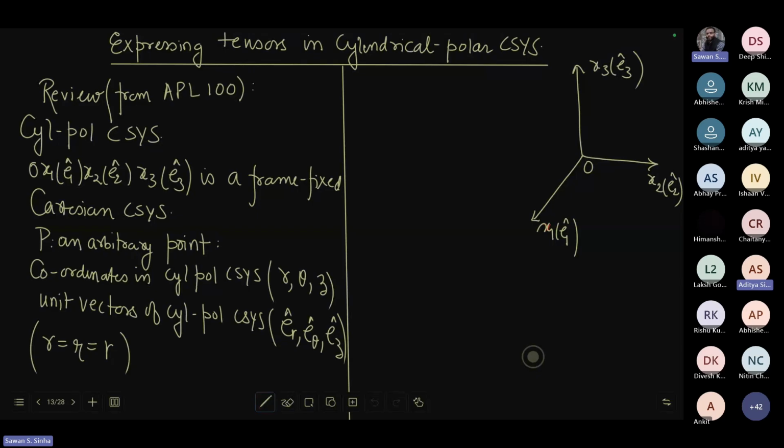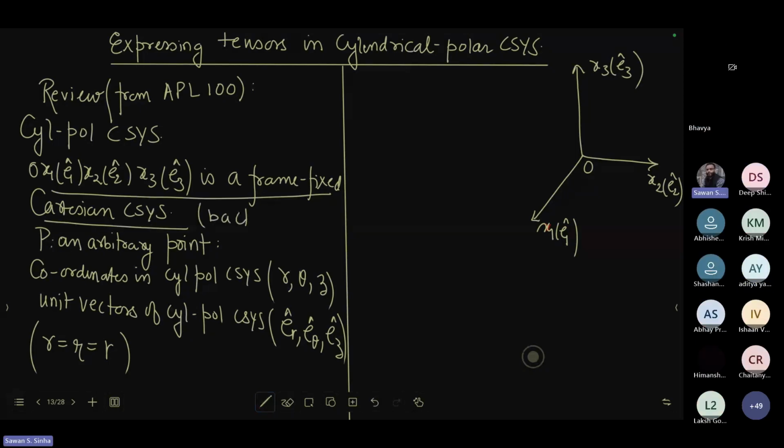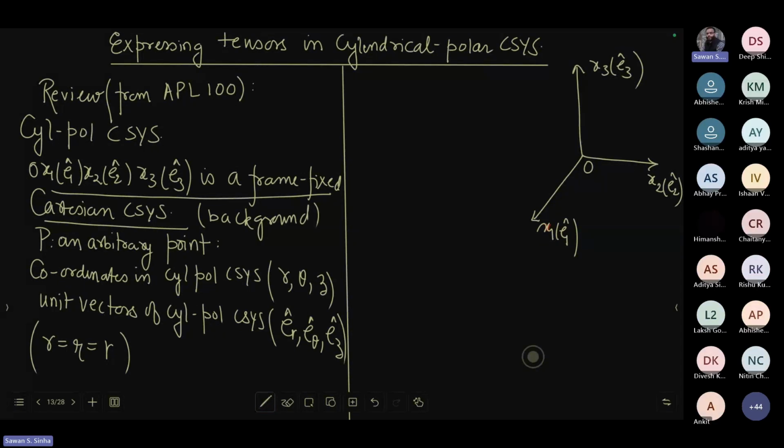So even before we define a cylindrical polar coordinate system, we do need a frame-fixed Cartesian coordinate system in the background. It is still required. That coordinate system has been shown here, and you can think of a frame also like something like this. Okay, this is the frame. Cartesian coordinate system is fixed to that, and then on top of it we define our cylindrical polar coordinate system.